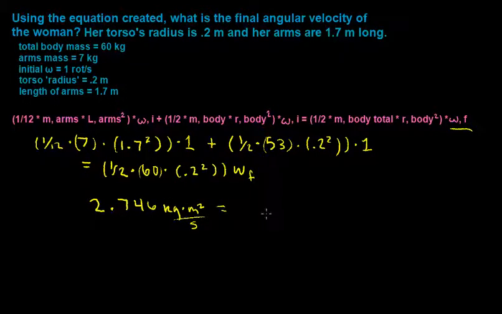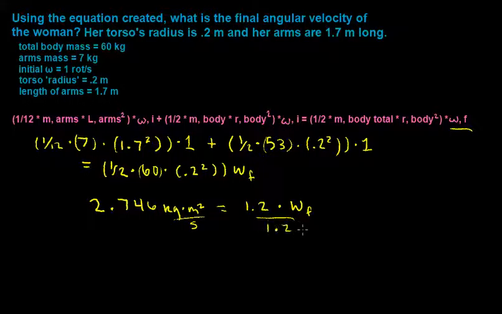But anyway, we can set this equal to all of this multiplied together, which ends up being 1.2 times our final angular velocity.